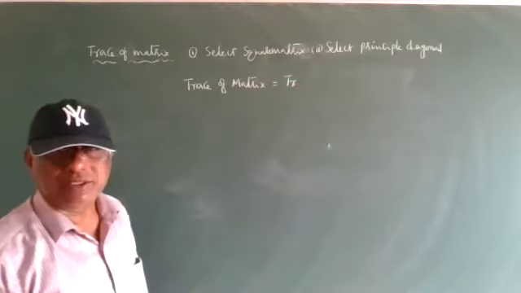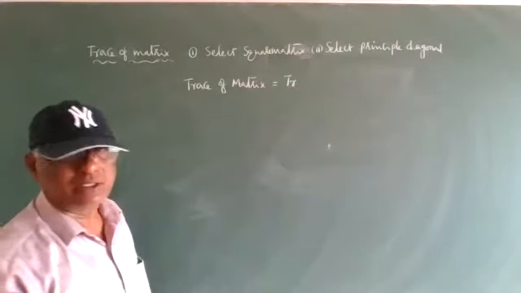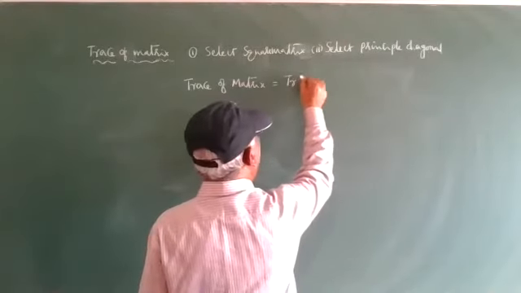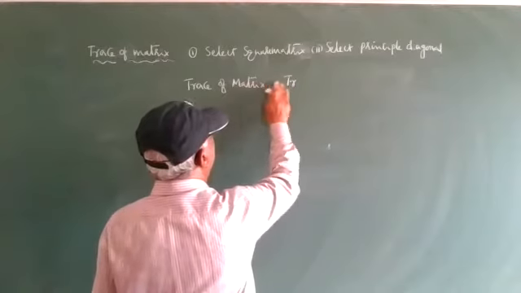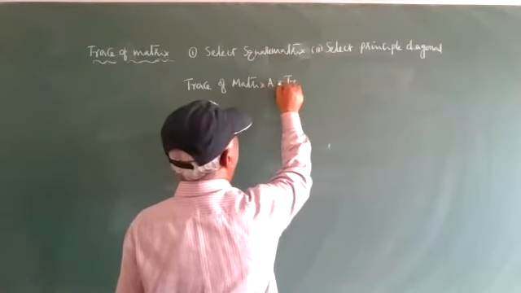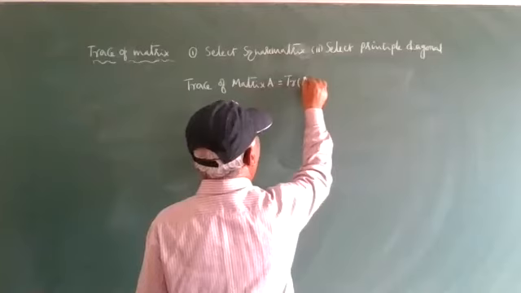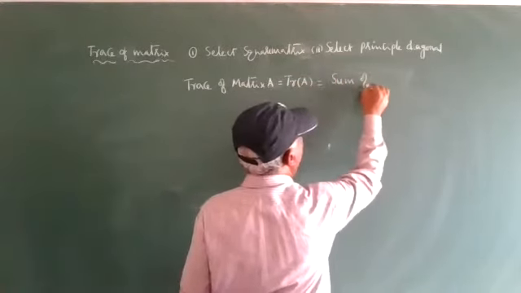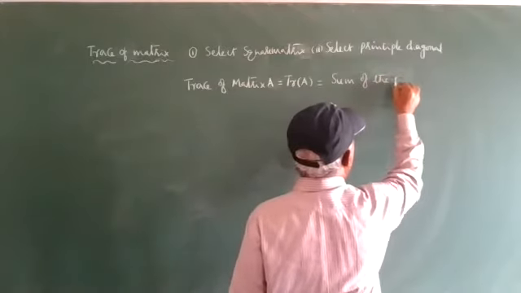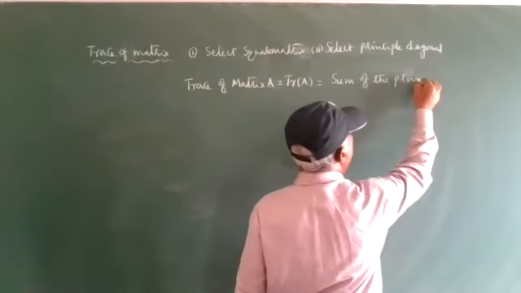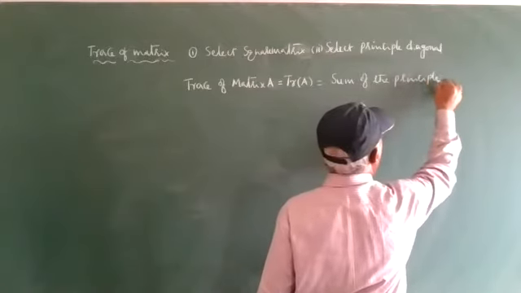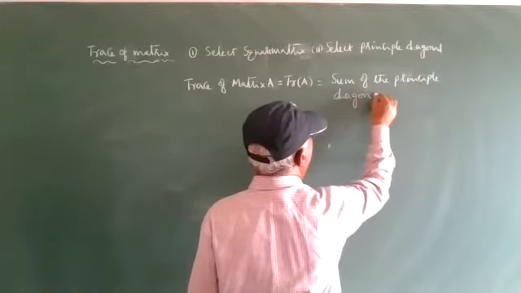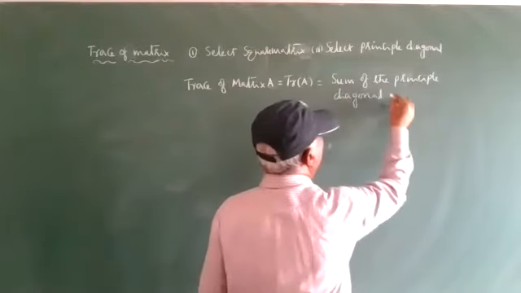So the trace of a matrix A is represented by tr(A), the sum of the principal diagonal elements.